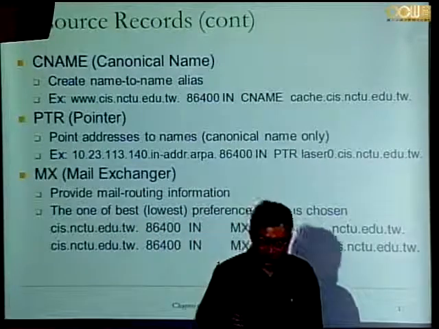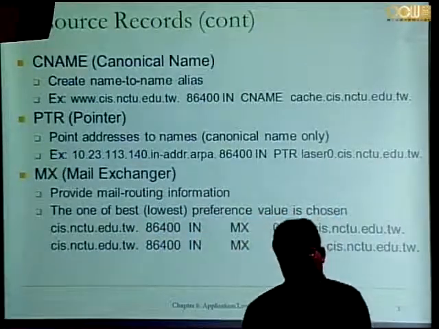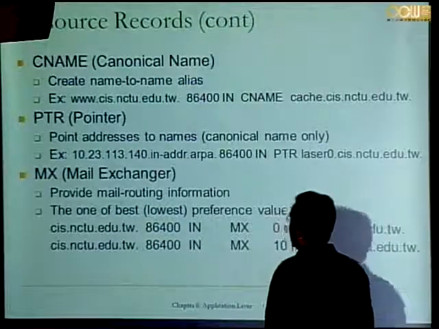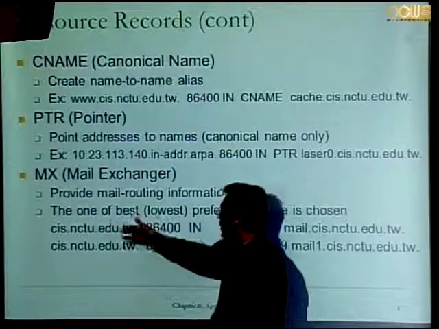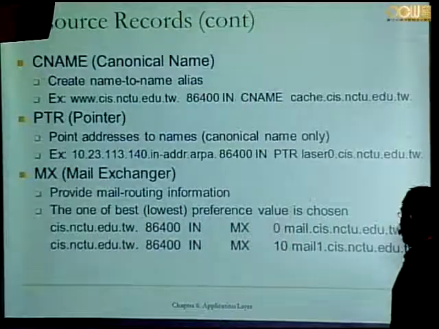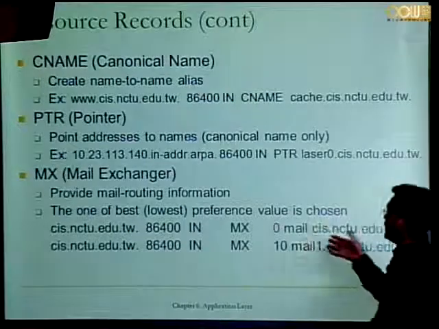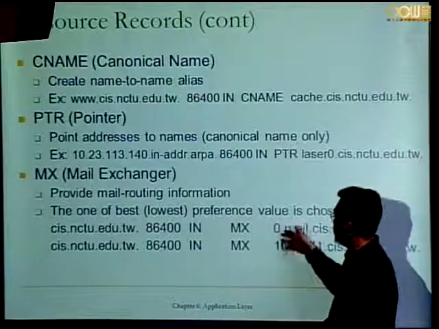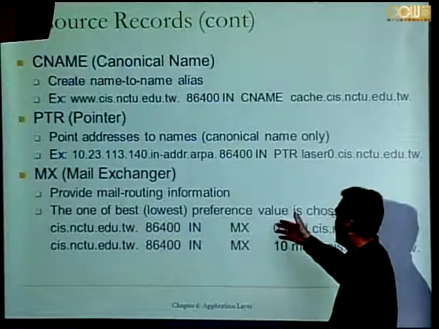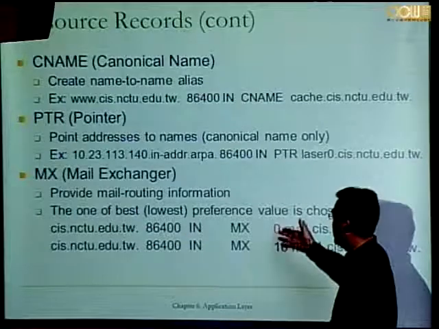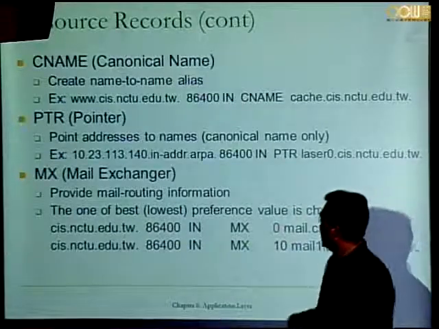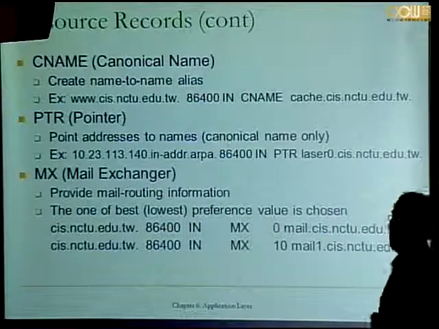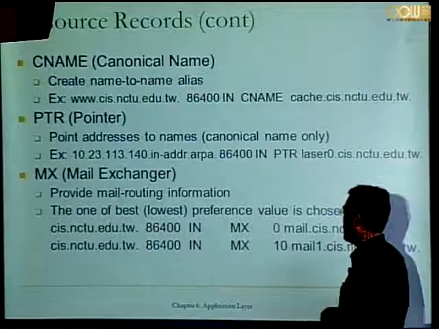Another resource record is MX, mail exchange. I'm describing the mail server of this domain, and I could have multiple mail servers for this domain. So for this domain, I have a mail server of this, and I could have another mail server of this, but then I would specify my preference, 0 and 10, for example, and the lower number means the more preferred mail server.